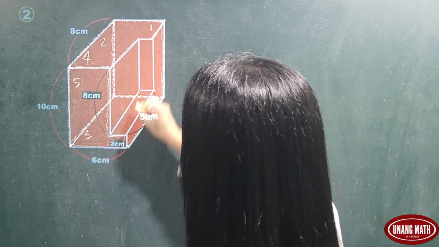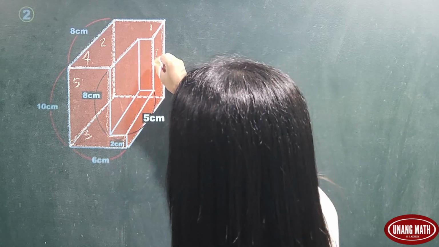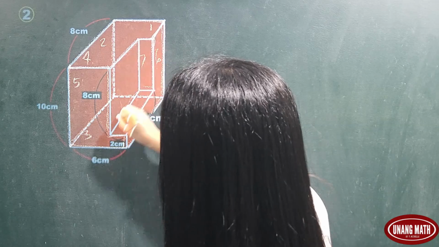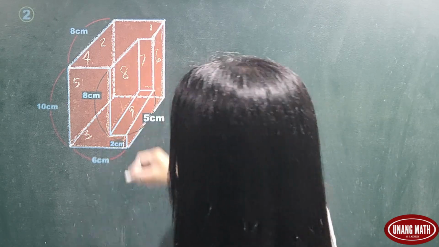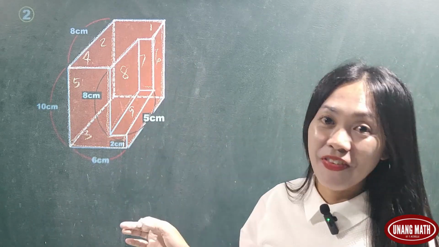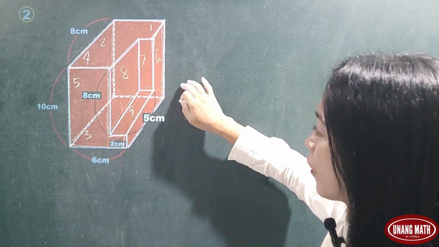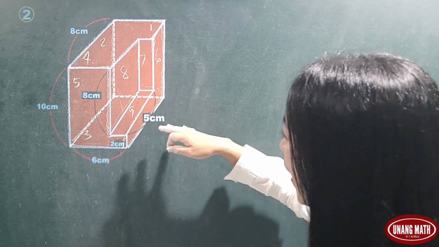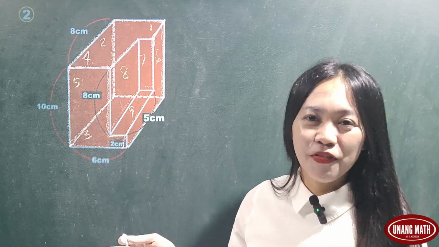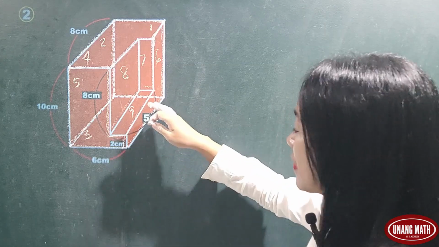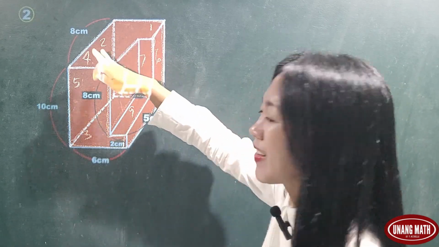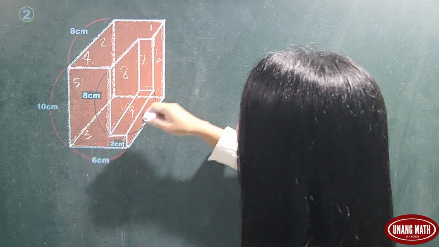This one is 6, 7, and this is 8, and lastly, 9. So we found out that there are 9 faces in this figure. If we find each face area, it will be a difficult and long process, so I'll give you a tip on how to get the surface area of this figure.